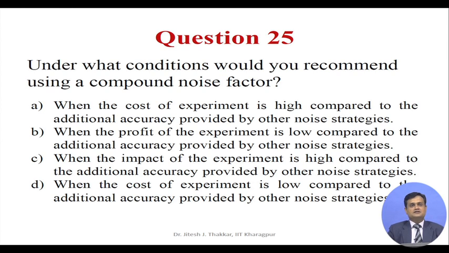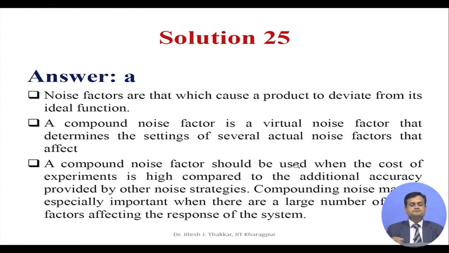You can see the options: A, when the cost of experiment is high compared to the additional accuracy provided by other noise strategies; B, when the profit of the experiment is low compared to the additional accuracy provided by other noise strategies; C, when the impact of the experiment is high compared to the additional accuracy provided by other noise strategies; D, when the cost of experiment is low compared to the additional accuracy provided by other noise strategies. So the solution answer is A.